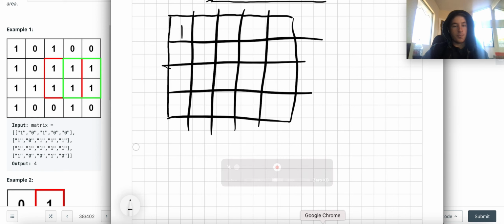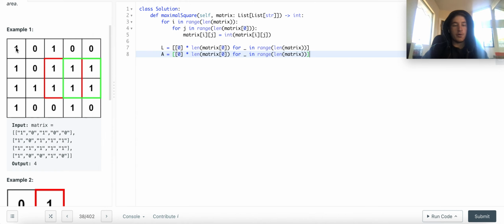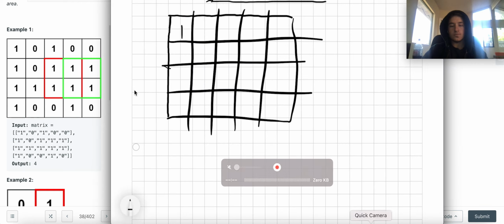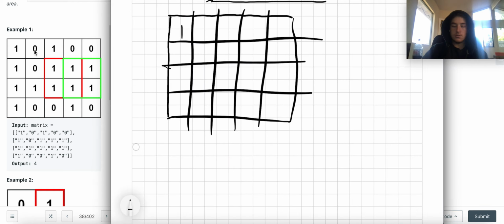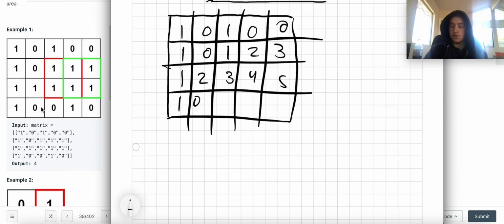So when we look at this system, we can say we've seen 1 in a row: 0, 1, 0, 0, 1, 0, 1, 2, 3, 1, 2, 3, 4, 5, 1, 0, 0, 1, 0.